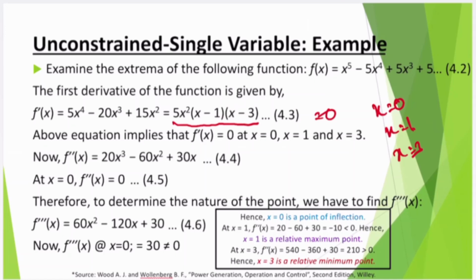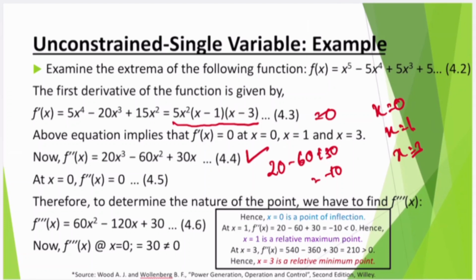Now for x equal to 0, you go for the second differentiation, given in equation 4.4. You differentiate and substitute x equal to 0, and you get second differentiation 0. Then if you put x equal to 1, probably this is going to be 20 minus 60 plus 30, which is equal to minus 10, less than 0, and hence x equal to 1 is my maximum point.